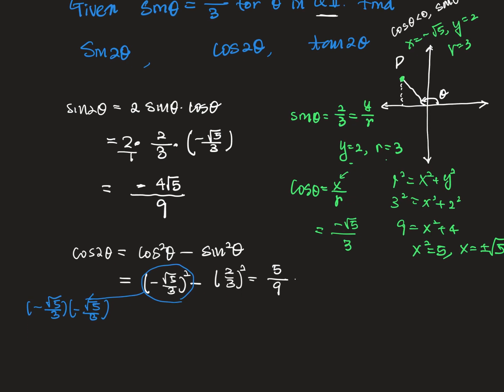So that's 5 over 9, then subtract 4 over 9. This is 1 over 9. That's cosine 2 theta. Make sense?